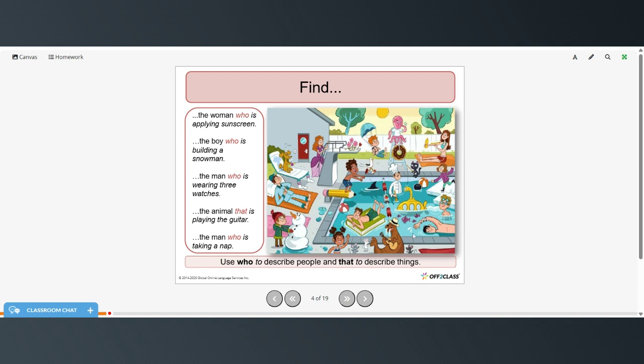Here in the swimming pool. Find the animal that is playing the guitar. Down here, the walrus. And find the man who is taking a nap. Right here. We use who to describe people and that to describe things.